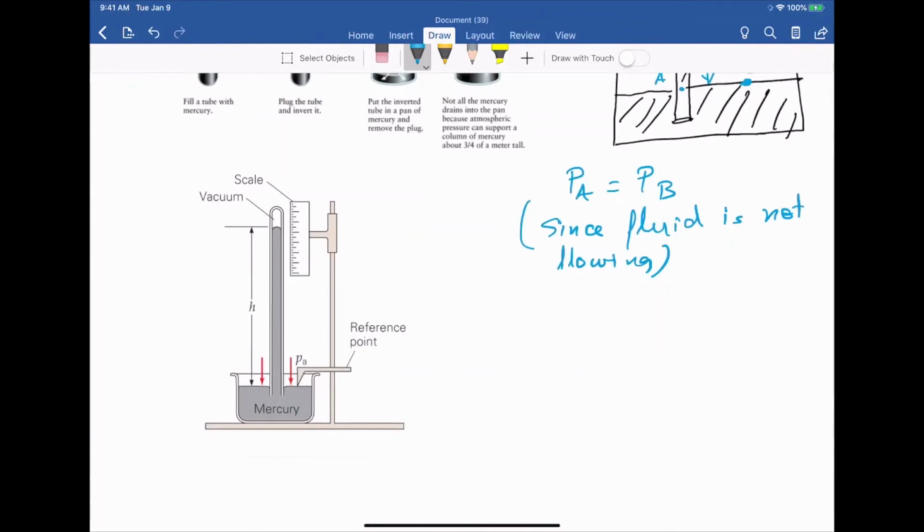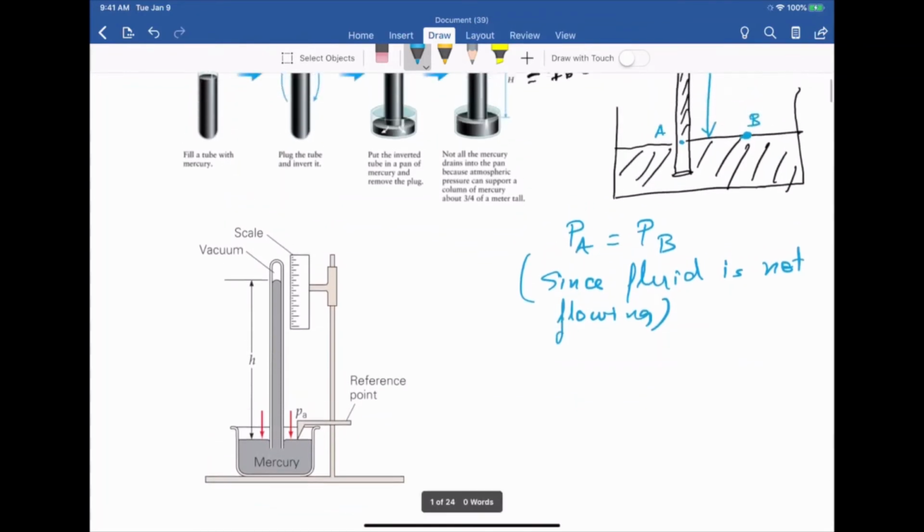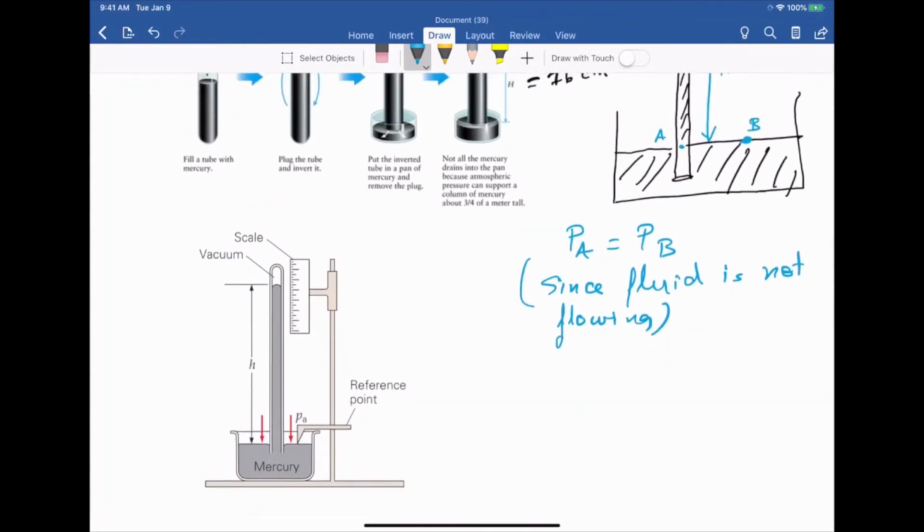Okay. All right. Now, what is the pressure at B? So pressure at B is simply atmospheric. Why is that? Because B is in touch with the atmosphere, right?